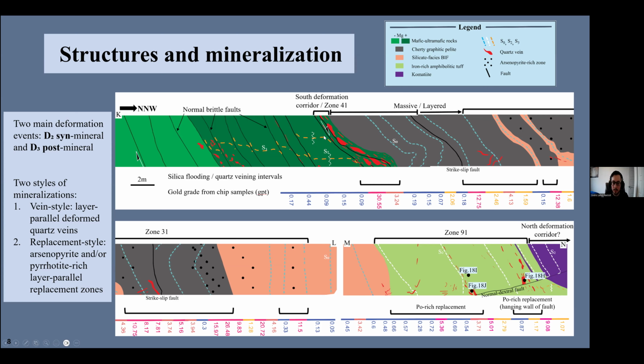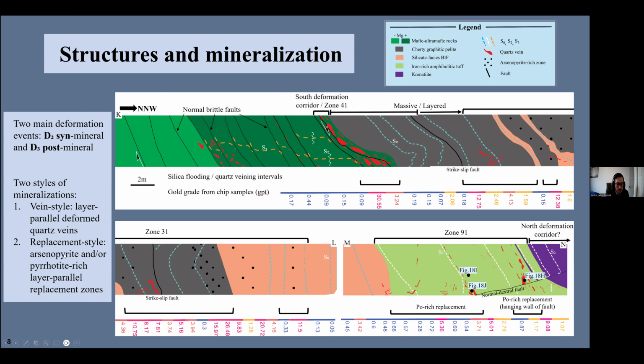And at the contact between the south domain and the central domain, we have a strong deformation zone with lots of quartz veins, rich in gold. They're parallel to the contact and the layers. Of course, we have veins in all the lithologies, but this is just one example.